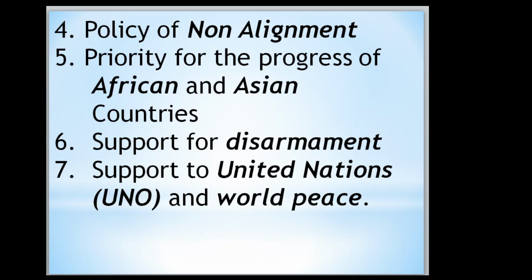Policy of non-alignment means after World War II, the entire world was divided into two parts, but India was not going to join anyone, so it was neutral. That is called the policy of non-alignment. Priority for the progress of African and Asian countries, support for disarmament, support to the United Nations, UNO, and world peace.